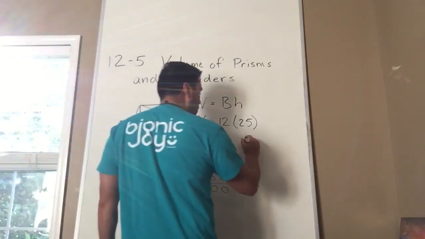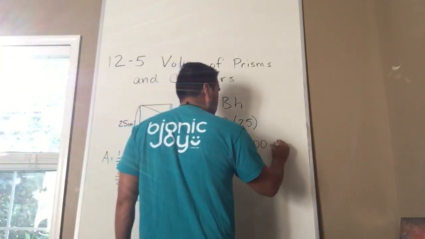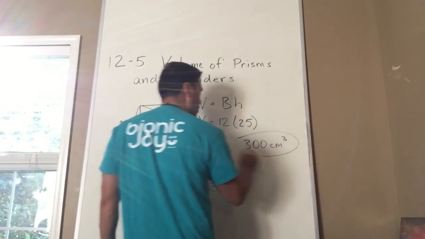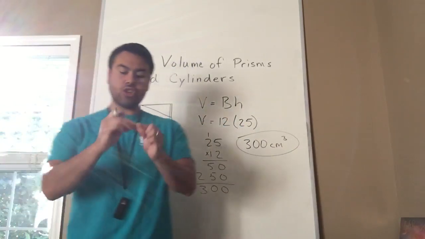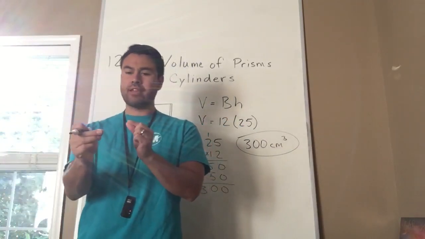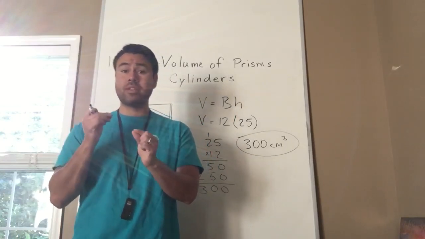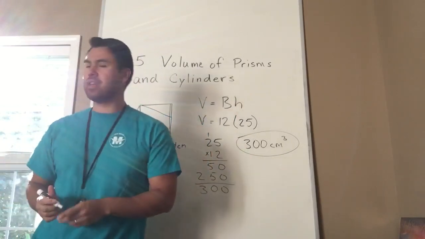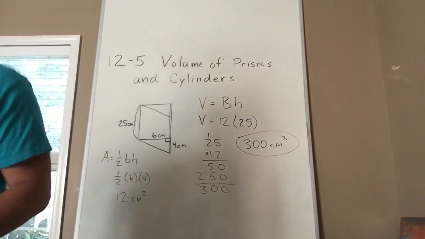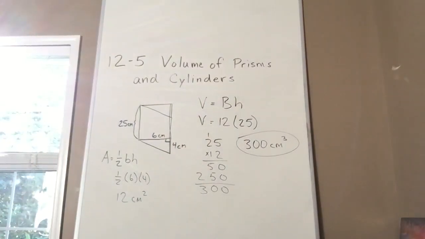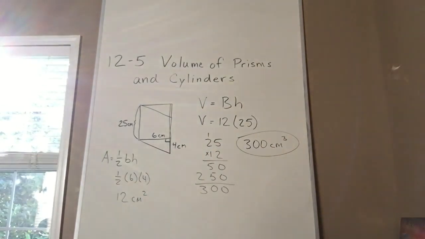So the volume would be 300 cubic centimeters. So 300 cubes that are 1 centimeter by 1 centimeter by 1 centimeter, that would be how many of those cubic units you can fit into this prism here.